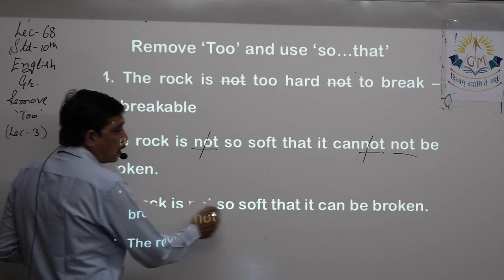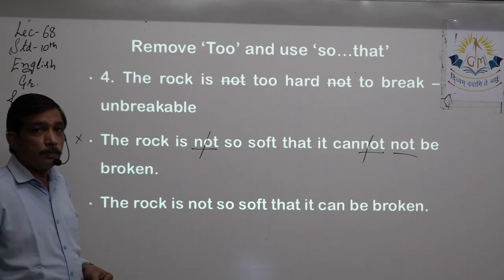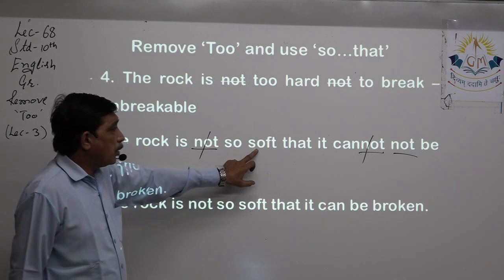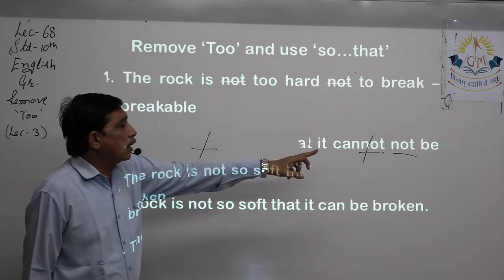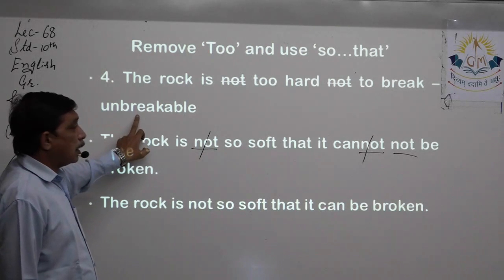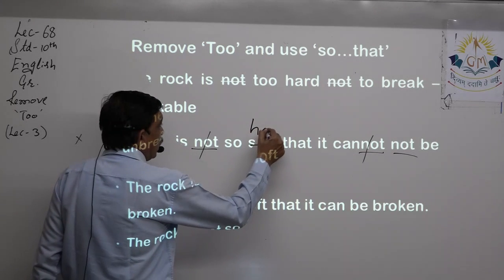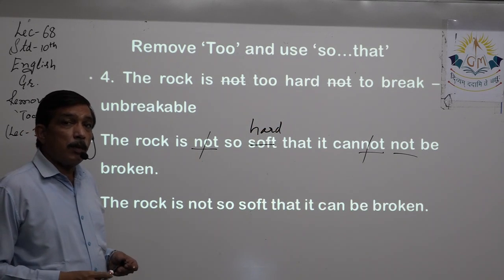So not so soft that it can be broken. If it was hard over here, then the rock is so hard that it cannot be broken. Then it remains over here. So here we have to make a little change.